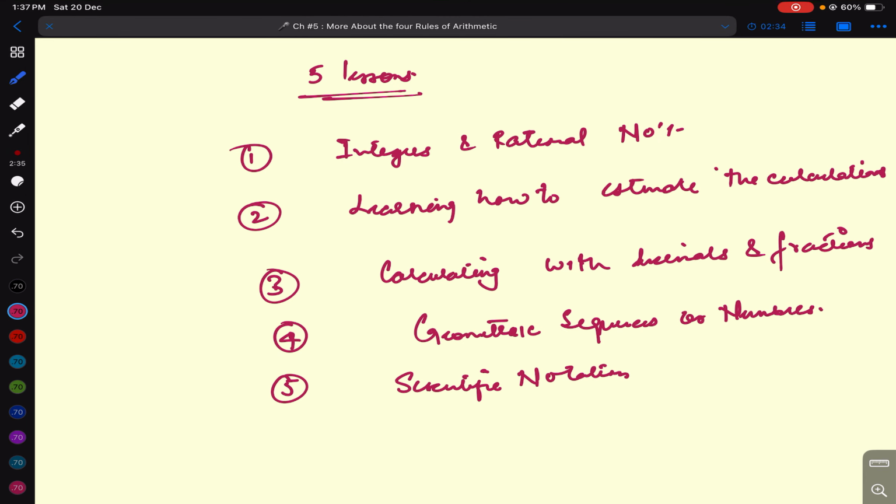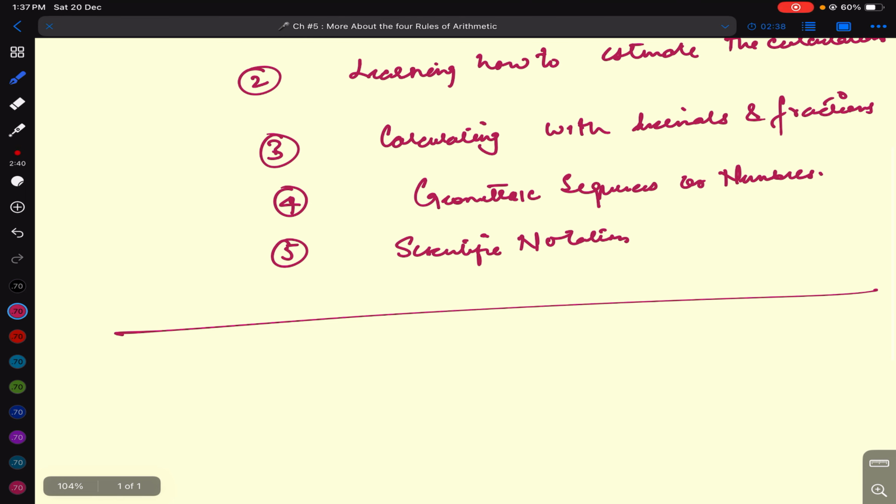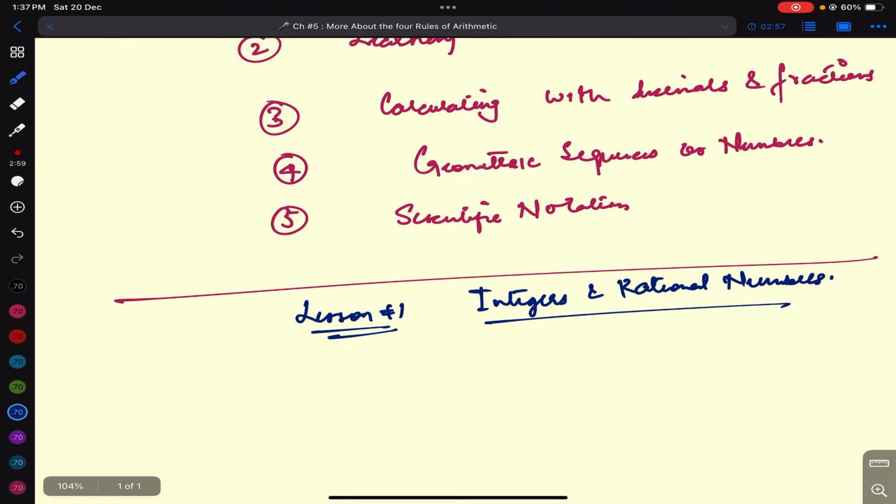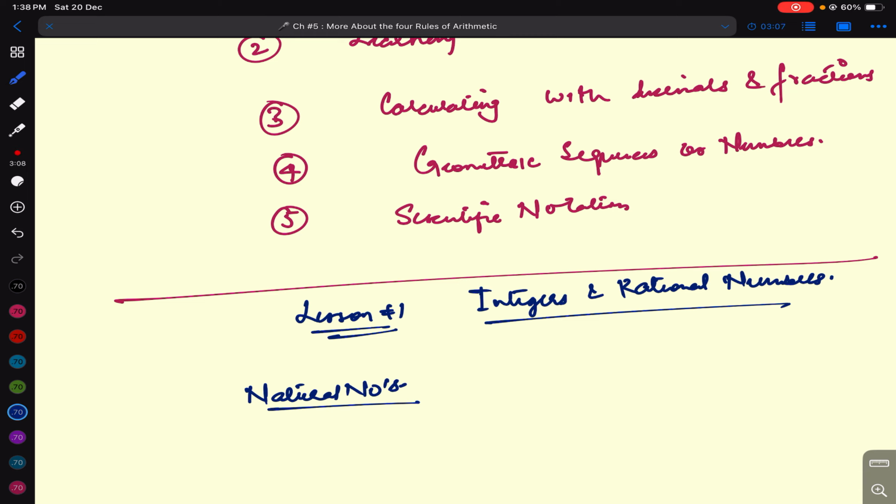Okay, so let's start with lesson number 1, which is integers and rational numbers. So before moving to integers and rational numbers, we'll first discuss what natural numbers are.